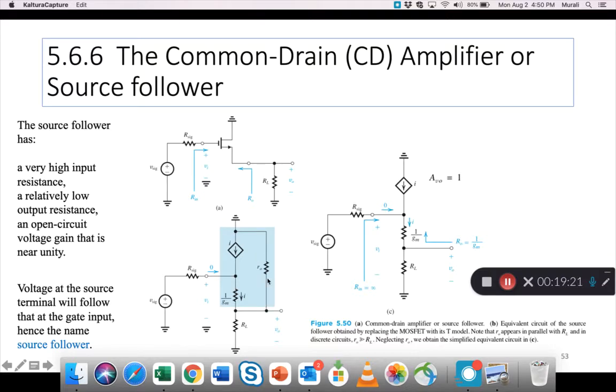You put the T model here. Note that Ro appears in parallel with RL, and in discrete circuits, Ro is much greater than RL. Neglecting Ro, we obtain the simplified circuit. So here we have taken out Ro because it's very high compared to RL is what is being said.